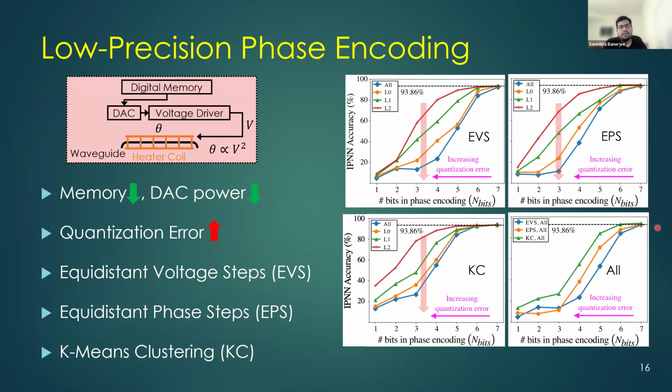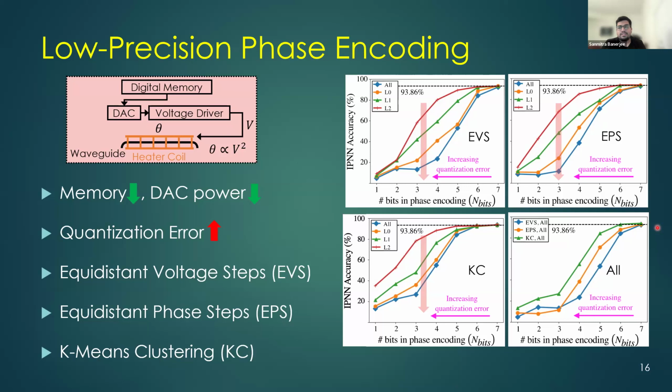So across all of these cases, we have observed that if we have any change in phase shifts, be it due to process variations, quantization errors, losses, thermal crosstalk, or whatever reason, if our phase angles change, our inferencing accuracy drops by a lot.